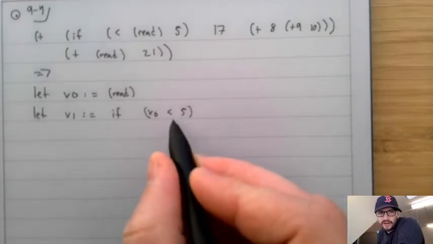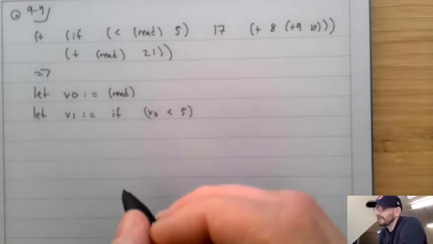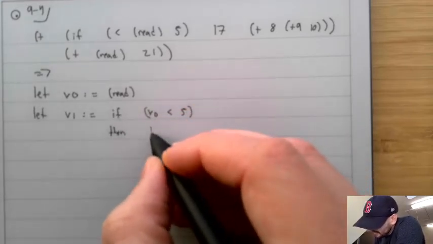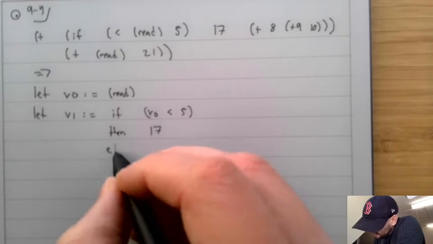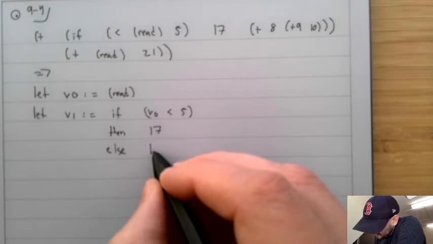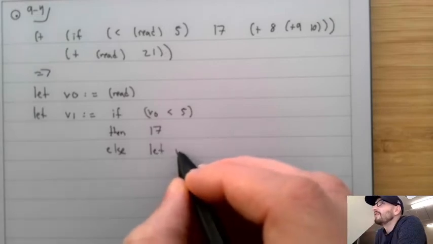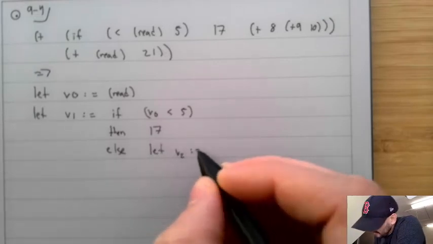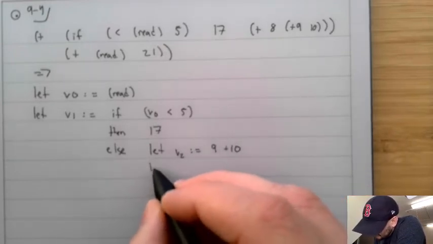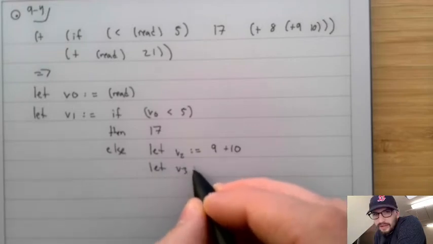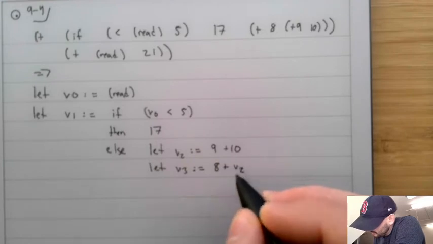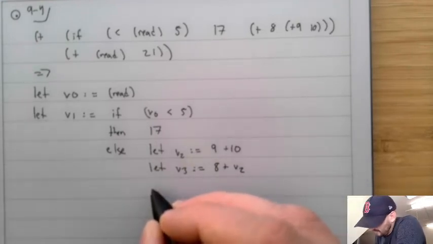That right there is our compare, because remember, ifs include a compare in them. The then case is going to be just 17. And the else case is going to be this thing right here. And that thing is going to be a let of v2 equal to 9 plus 10. And then there's going to be a v3 where we have 8 plus v2. And then we're going to return v3.